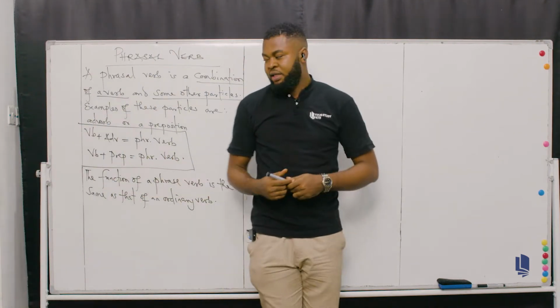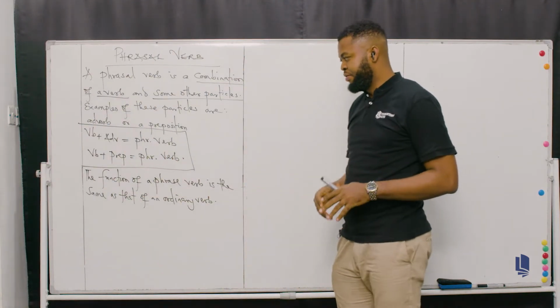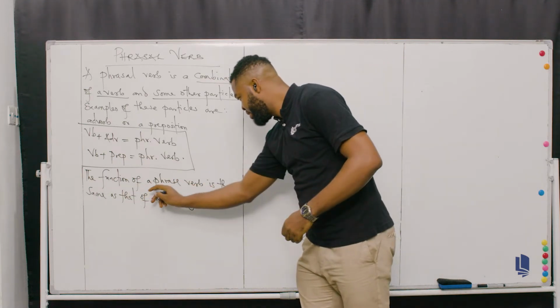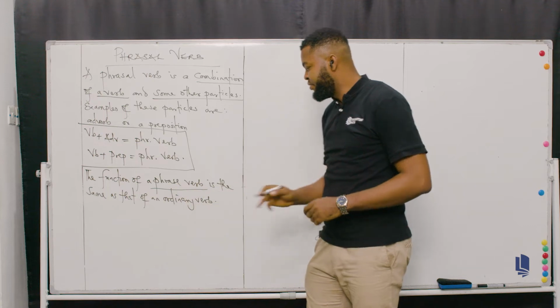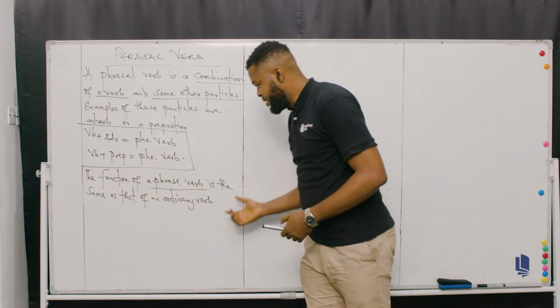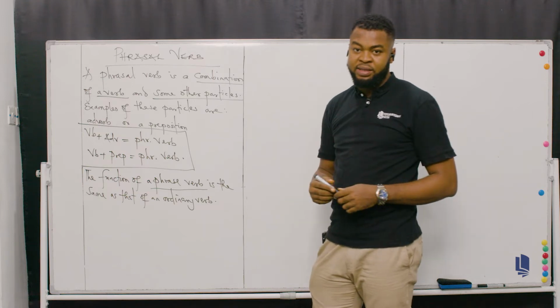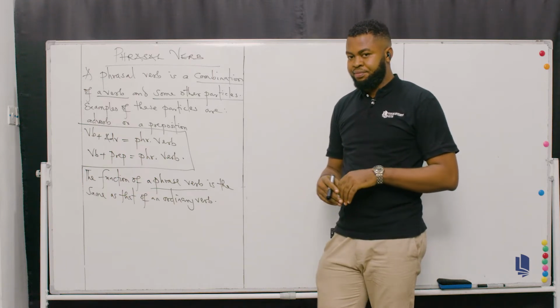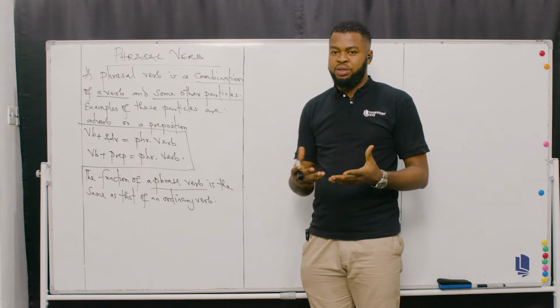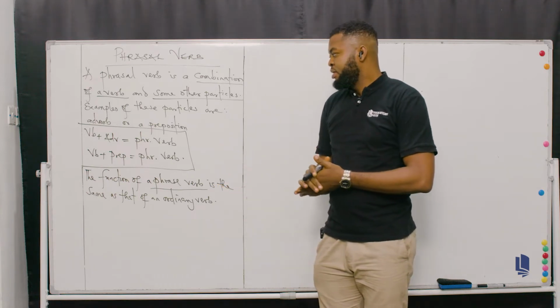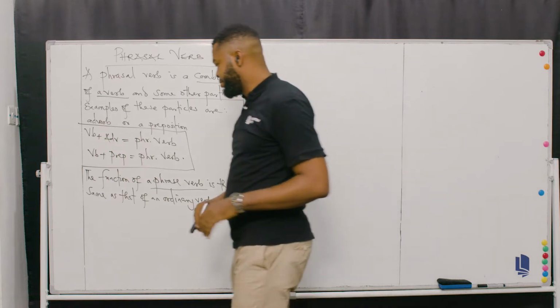So here is a further piece of information. The function of a phrasal verb, don't forget, is the same as that of an ordinary verb, as you can see. So it means that what a phrasal verb will connote is also what a verb will represent. Is that taken?